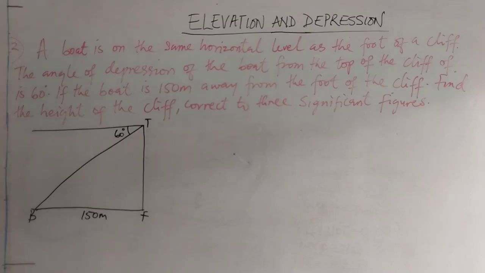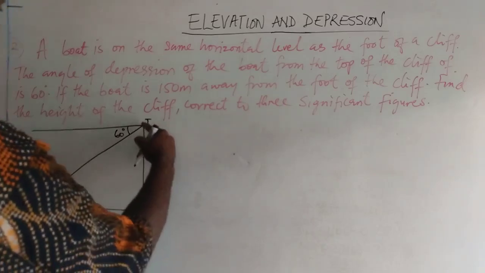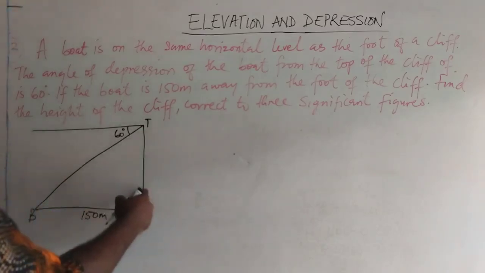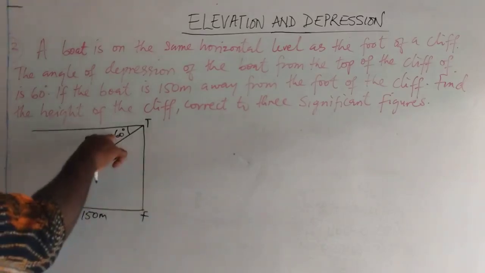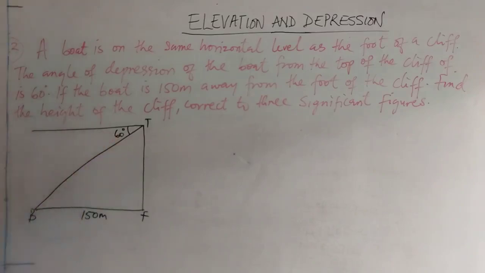To calculate the height of the cliff, the height is the opposite. Now, this angle that is outside, we need to bring it into the right angle triangle. If we bring it in, here will now be 60 degrees. Alternate angles are equal.